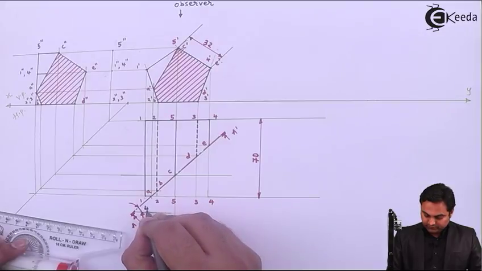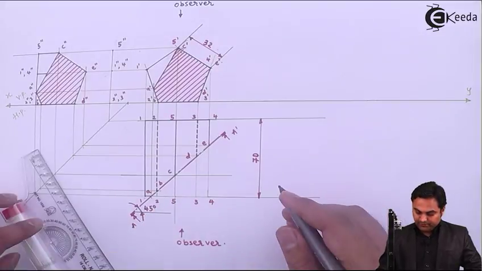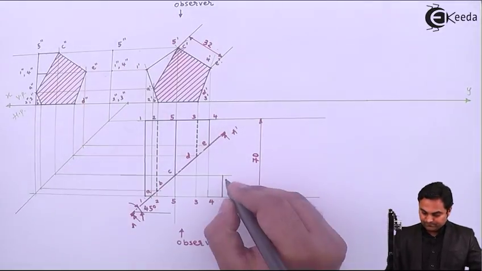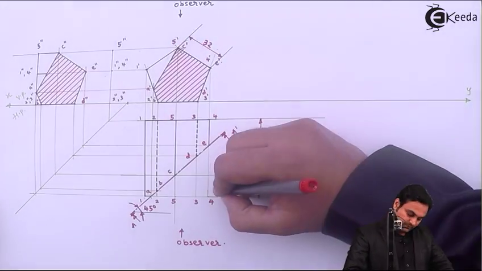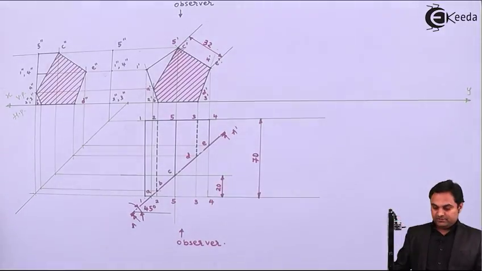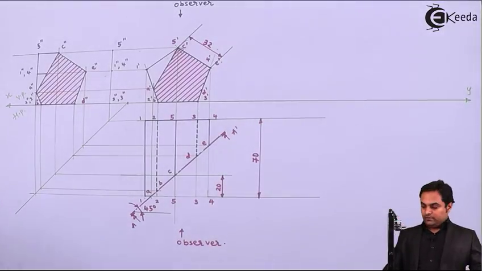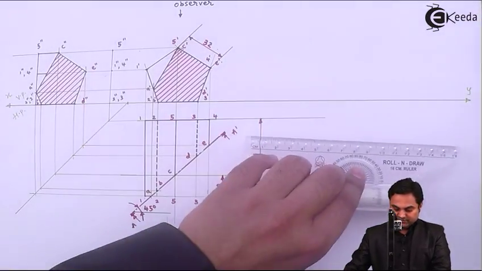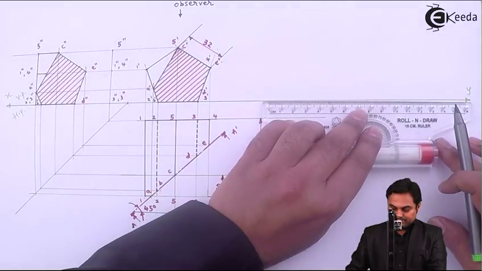It was inclined at 45 degree to VP and at a distance of 20 mm from the base. Next, for the true shape of the section, I will have to make this cutting plane parallel.